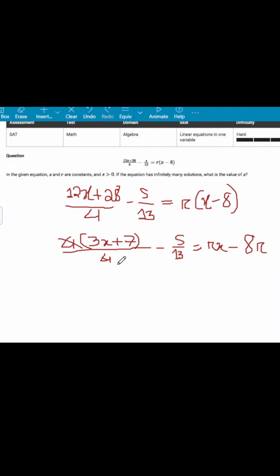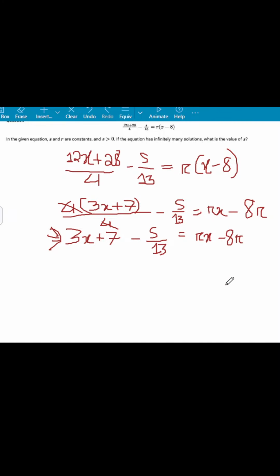Then 4 cancels out here, so only 3x plus 7 remains, minus s by 13, equal to Rx minus 8R.